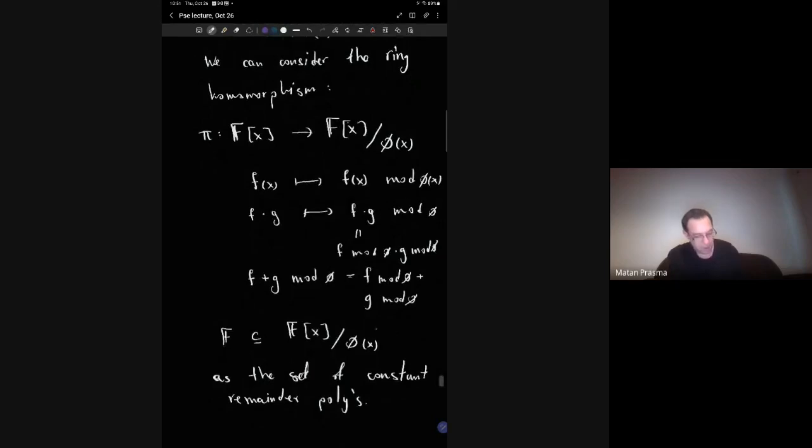Right? I mean, remember, we have all remainders of the form sum a_i x to the i with some limitation on the degree. Of course, you can just take the remainders that are just the constant a0, and this can be identified with F. Okay, so if I call this guy k, let me call it k.